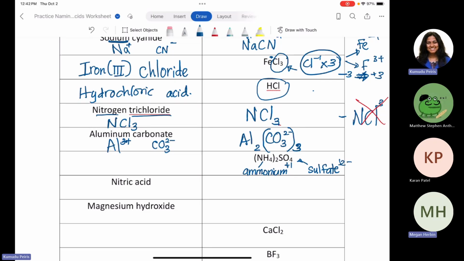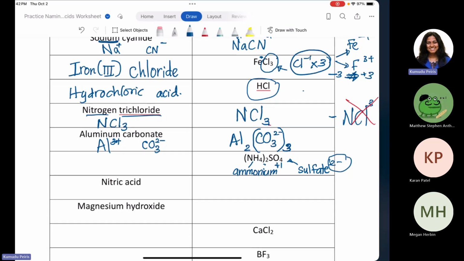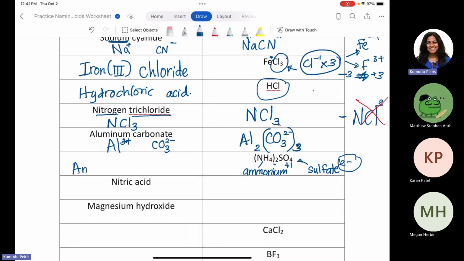So that's why we have subscripted 2 at the ammonium ions, to balance the charge that was brought by these sulfate ions. So the name is ammonium sulfate.